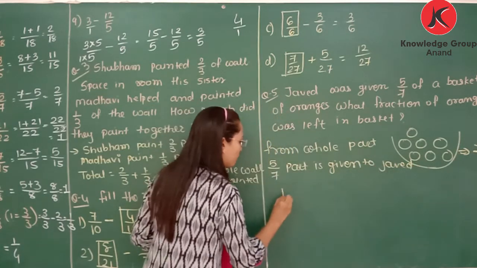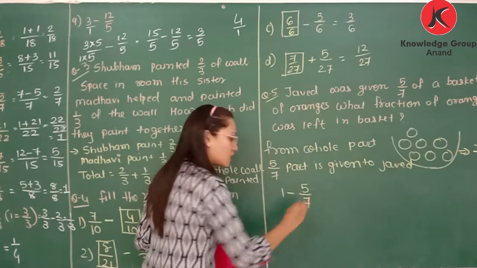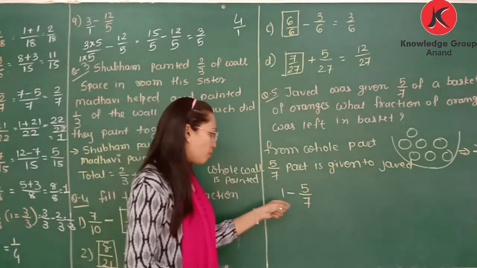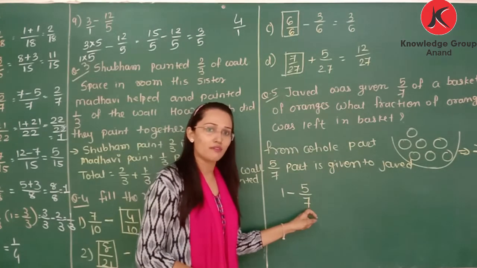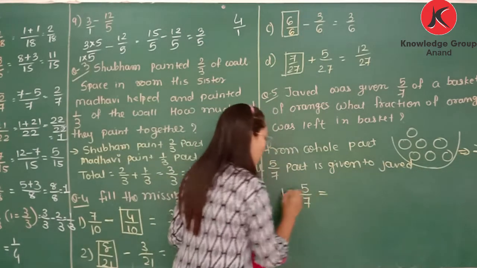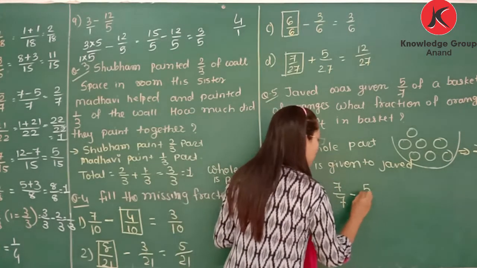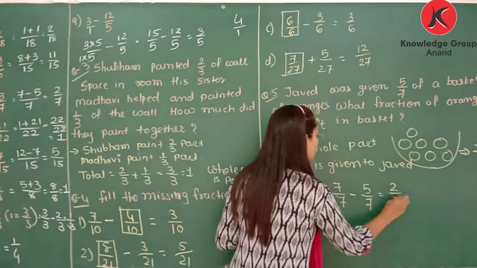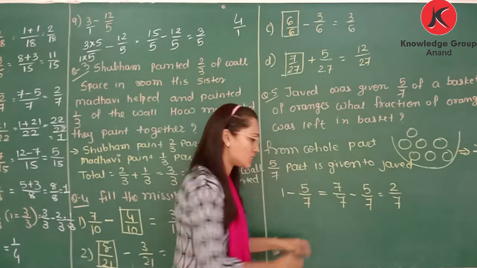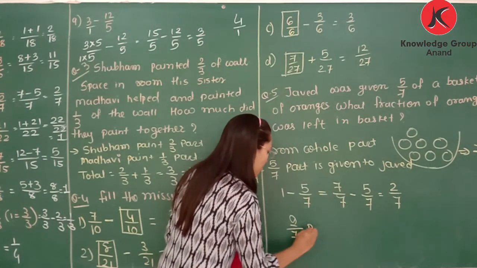So we can write 1 minus 5 by 7 is remaining. From the whole part, this is given to Javed. So what is the remaining? Now 1 is represented by 7 by 7 minus 5 by 7. So it is 2 by 7. Means 2 by 7 part is remaining in the basket.